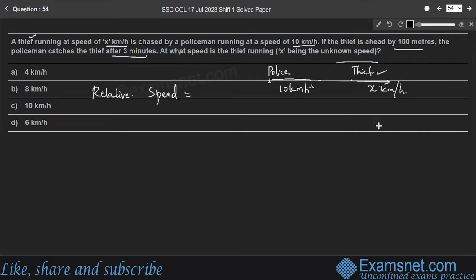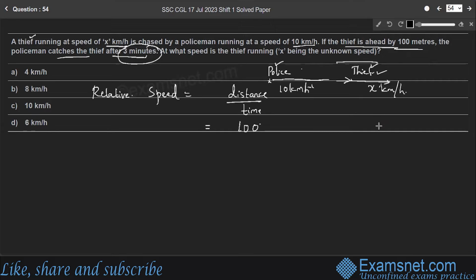By the formula, speed is distance by time. So in case of relative speed, when two bodies are moving with different speeds, the distance is the distance between the two bodies. Here, police is here, thief is ahead by 100 meters. So distance between police and thief is 100 meters. And time taken by policeman to reach the thief is 3 minutes.